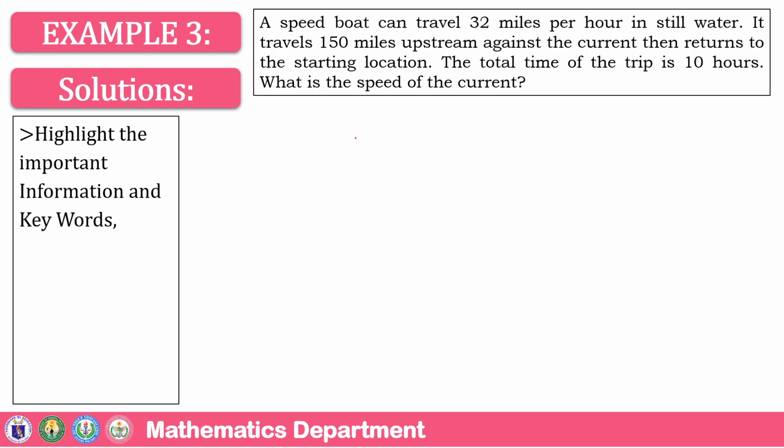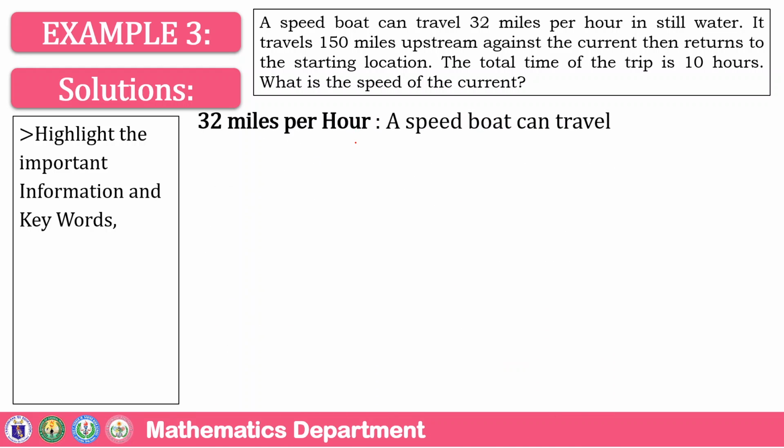So, highlight natin yung mga important information or keyword. So, meron tayo ditong 32 miles per hour. That is the speed of boat na kayang i-travel niya. And then, we have 150 miles. So, that is the trip each way. So, 150 upstream and then pabalik naman 150 miles pa din.